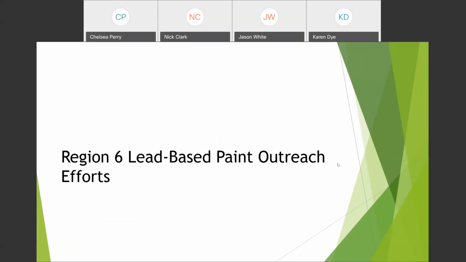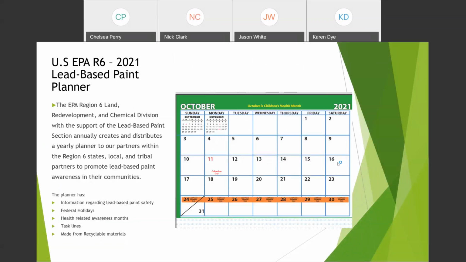The Region 6 Lead-Based Paint Group continues to develop useful outreach materials and education training throughout Region 6 and tribal territories. For several years now, the lead-based paint team has developed planners to support lead-based paint efforts and spread lead awareness and information on lead-based paint exposure.